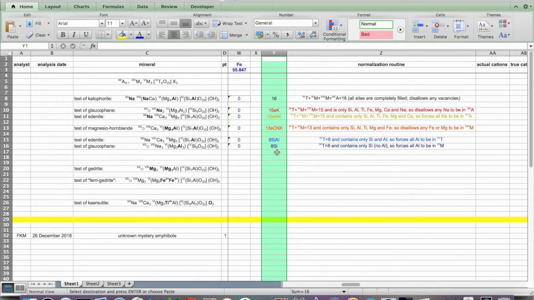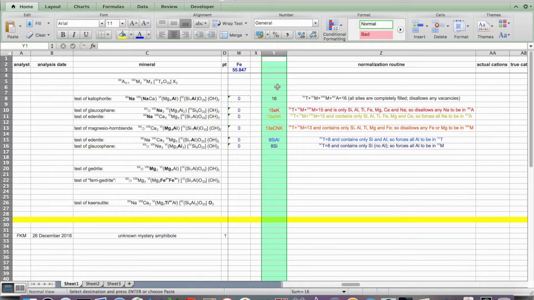And then we finally have 8Si, which is 8 tetrahedral cations that only include silicon. Okay. And I've ordered them in this way, again, because I think that this first one, although there's a certain complexity to it, may actually be easier for beginners in normalization to consider.